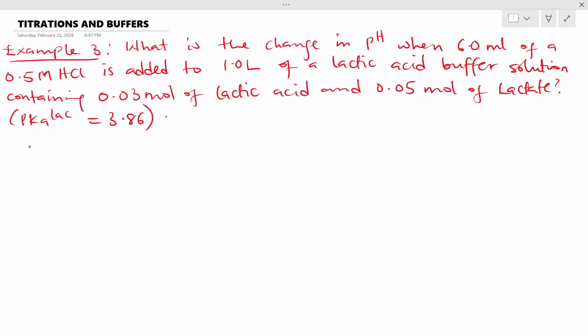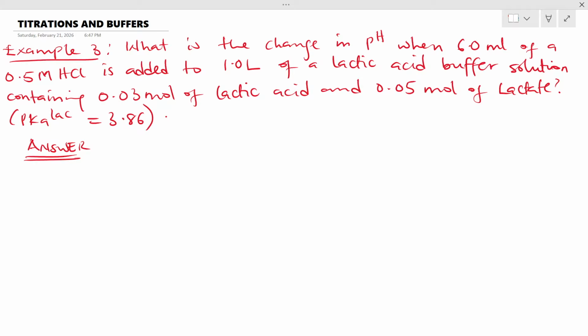So that's the question. If we want to look at the answer to this question, you have the following. This question as it is seems complicated. It looks like you have a lot of numbers floating around. In this case, they gave you moles of lactic acid and moles of lactate.